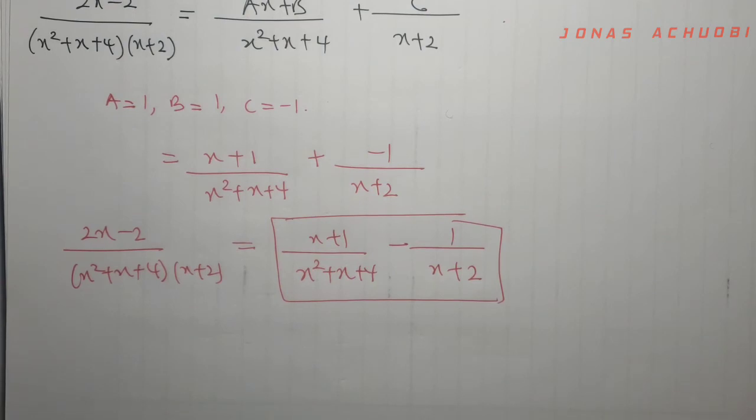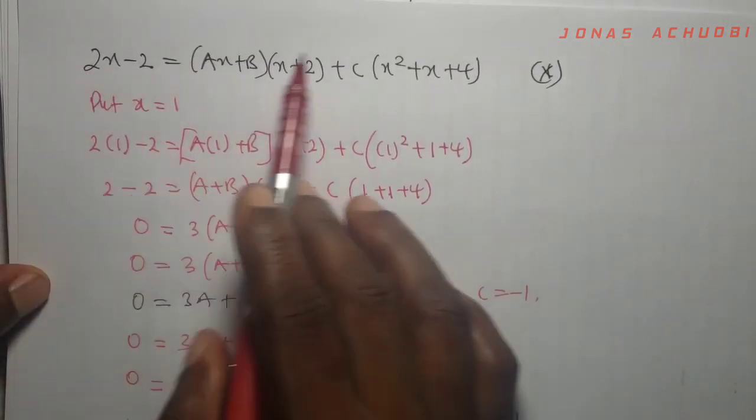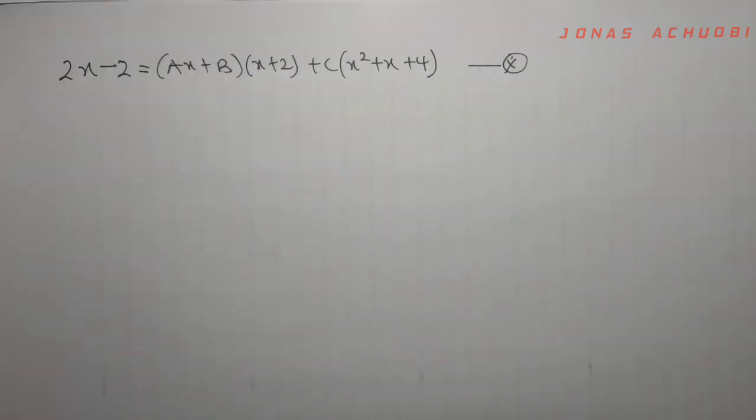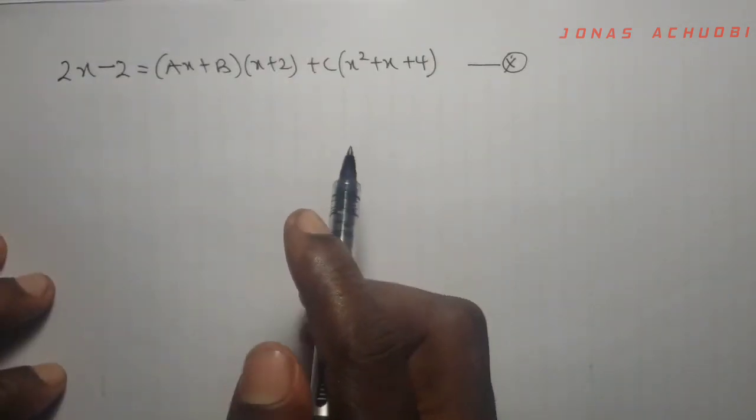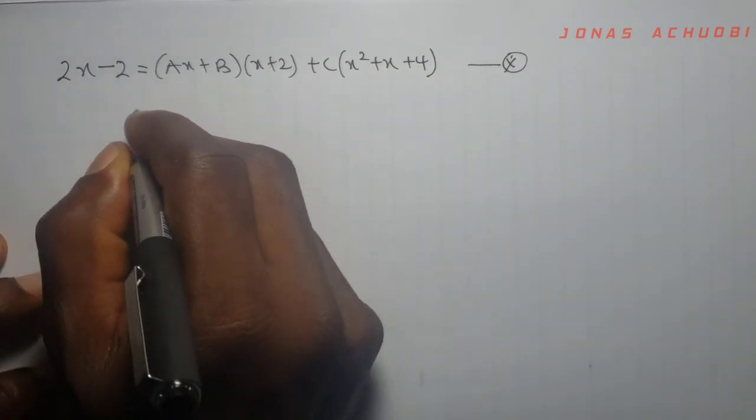Now, like I said earlier, I want to show you another way you could have approached solving this from equation star. In this method, we are going to expand the right hand side of equation star as follows.